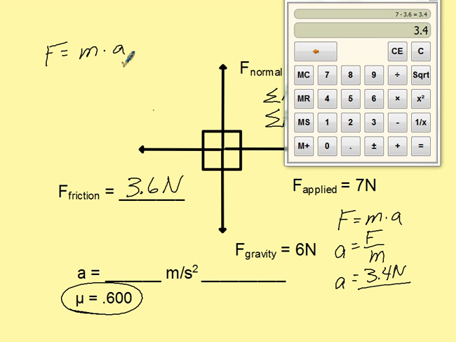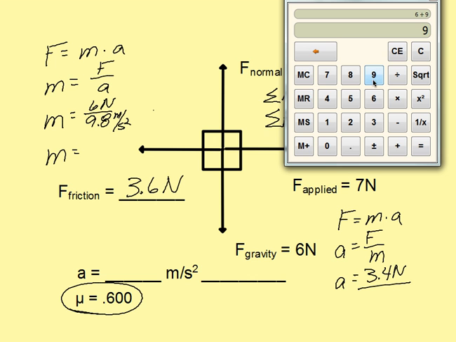Alright, if we know the force of gravity, we're trying to solve for mass, so mass is going to equal force divided by acceleration. So the mass is going to equal 6 newtons divided by 9.8 meters per second squared. So the mass is going to be 6 divided by 9.8, which could give us a mass of 0.61 kilograms, and we can put that over here.